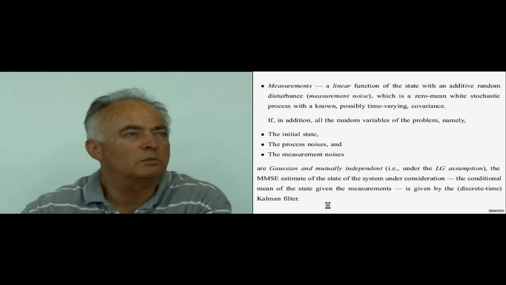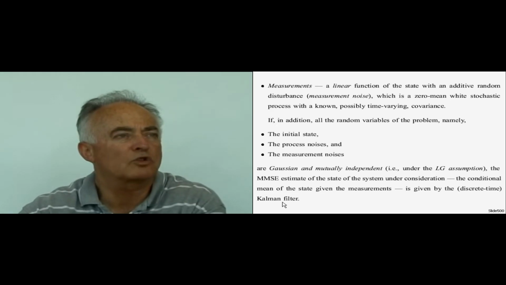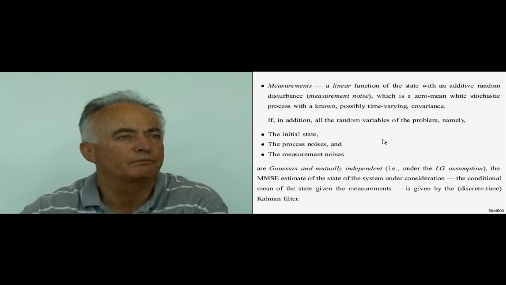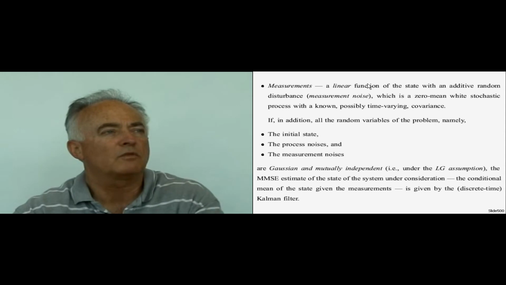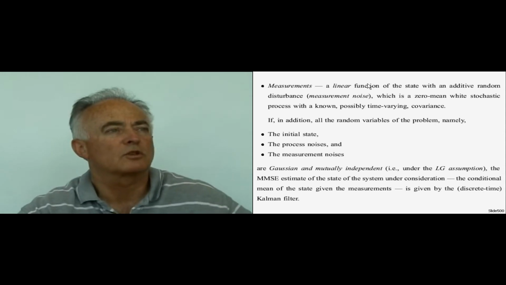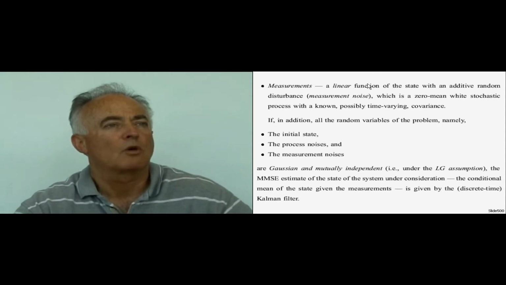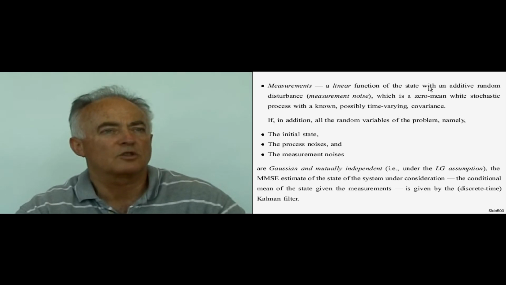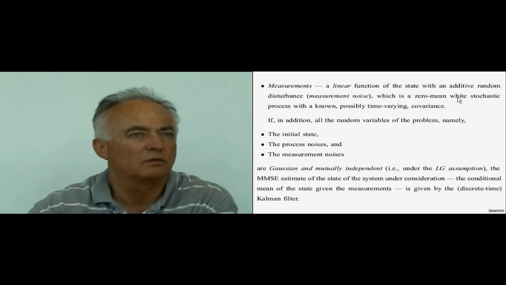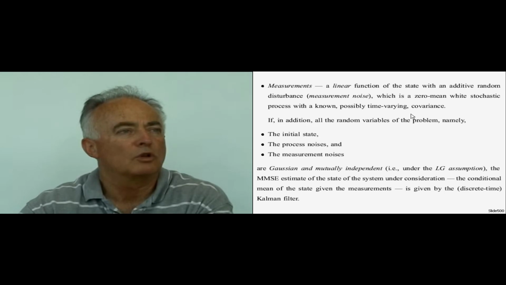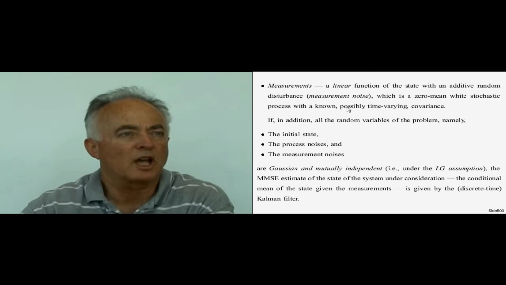The measurements are modeled as a linear function of the state with an additive random disturbance, the measurement noise, which is again zero mean white with known and possibly time-varying covariance.